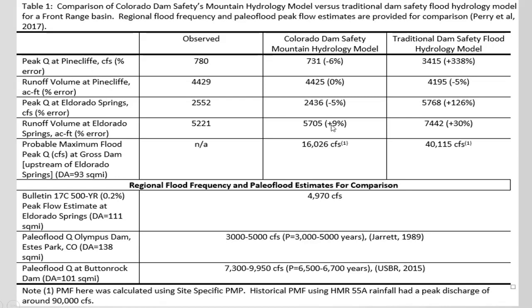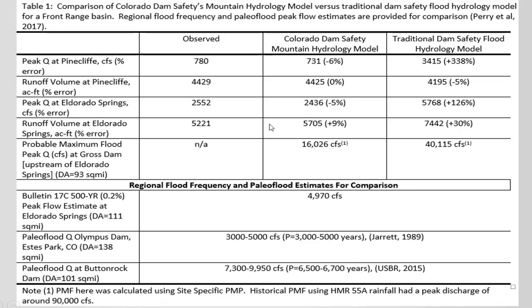So again, just looking at it in numbers, our Colorado Dam Safety Model did a much better job, about 5% under for the observed peak flood compared to the traditional dam safety hydrology model, which was way over. And same for volume, whereas at El Dorado Springs, we were about within 9% of the observed volume versus a 30% overestimate from the traditional dam safety model.